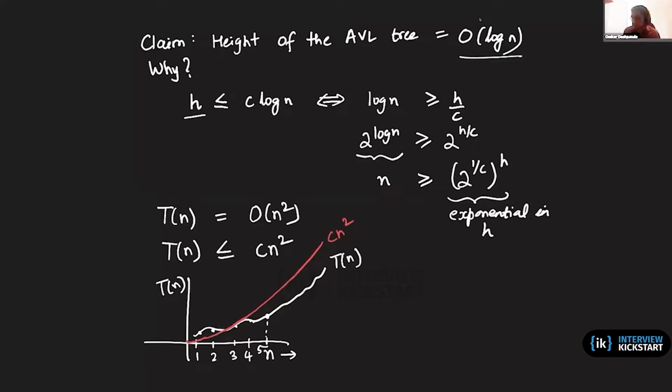For large enough n, that's why we call it asymptotic analysis, because we're talking about large values of n.